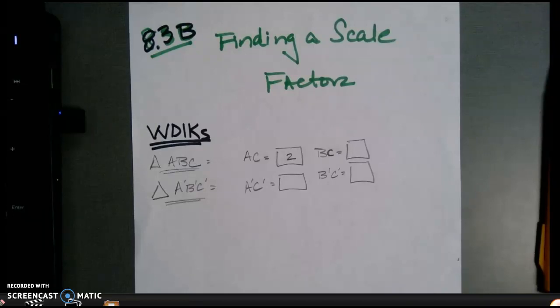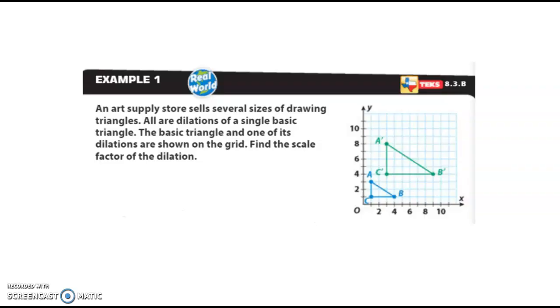So since it's an absolute value of the number of units, let's go ahead and verify. So as you see here, from A to C, that's 2 units. From B to C, that's 3 units. B prime, C prime, we have 6 units. That's 1, 2, 3, 4, 5, 6. From A prime, C prime, we have 1, 2, 3, 4. Okay? So let's go ahead and go back over.